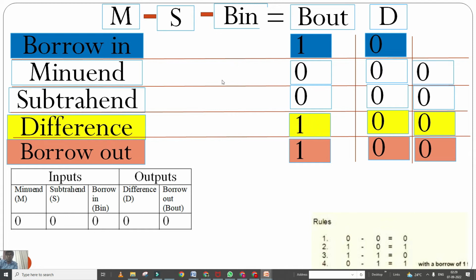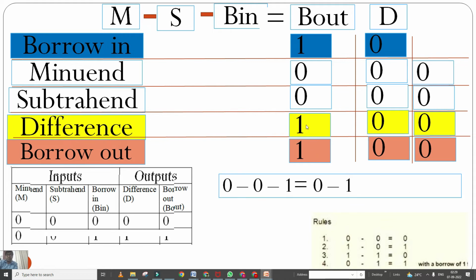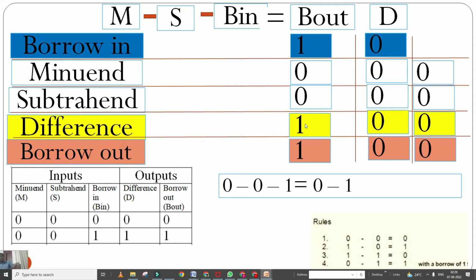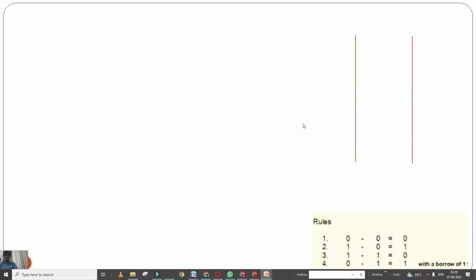So we have to consider the borrow out, and the difference is 1. So we tabulate this.